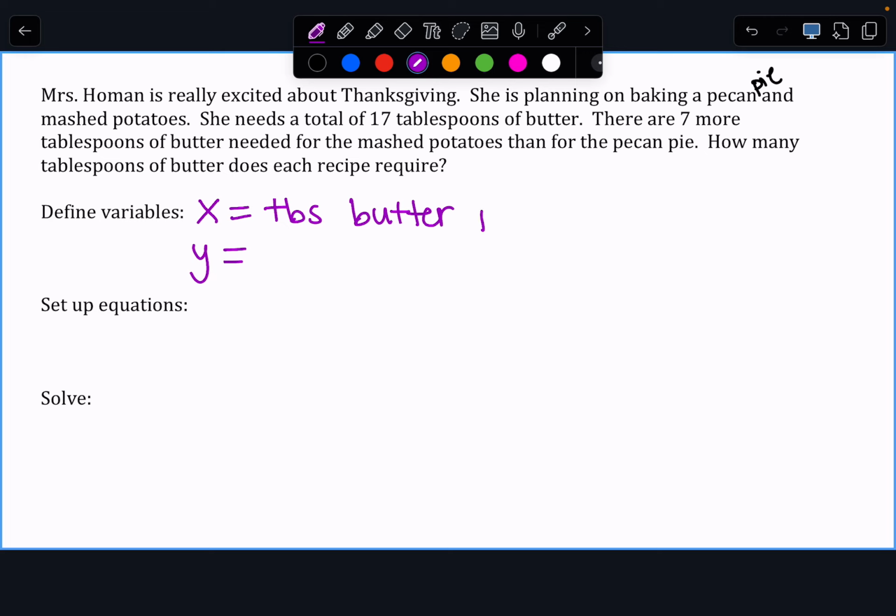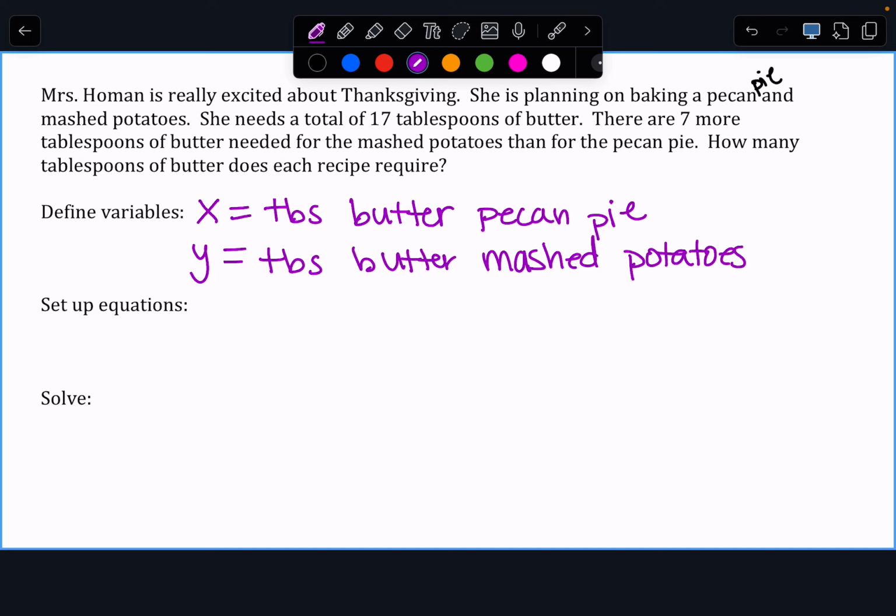I'm going to do pie since it comes first in the sentence. And then Y is tablespoons of butter for the mashed potatoes. I don't call them taters, I was just joking. Okay. So that has to be done first. That way you know what the heck is happening.